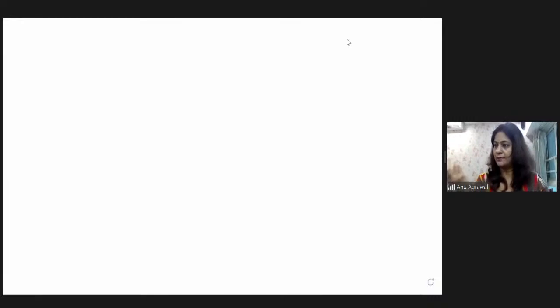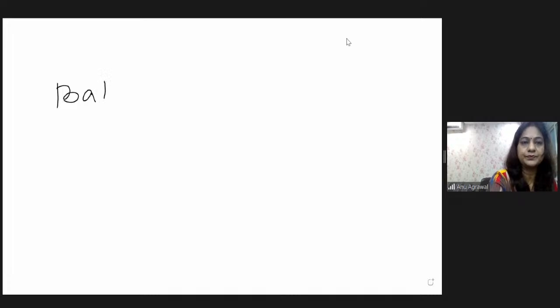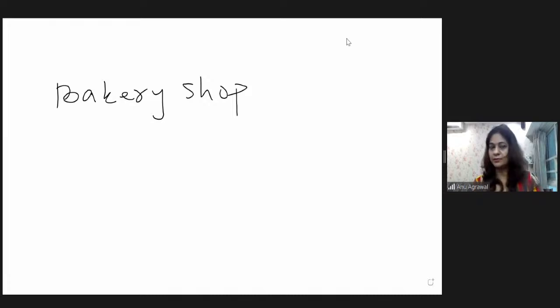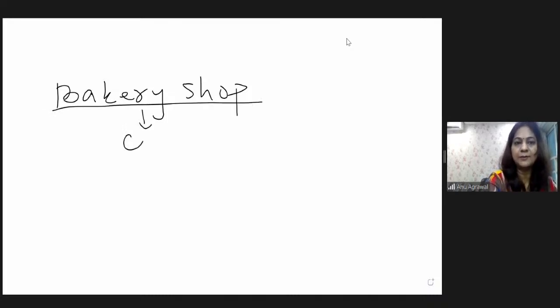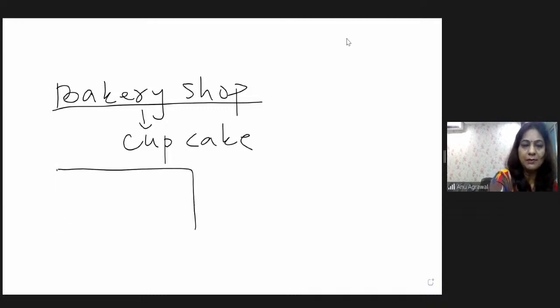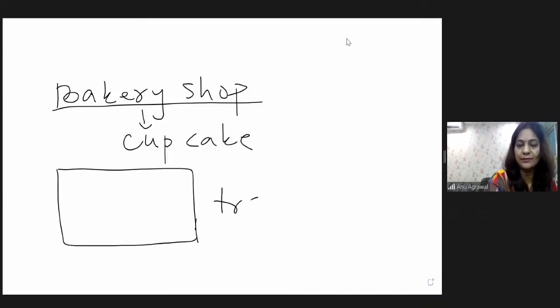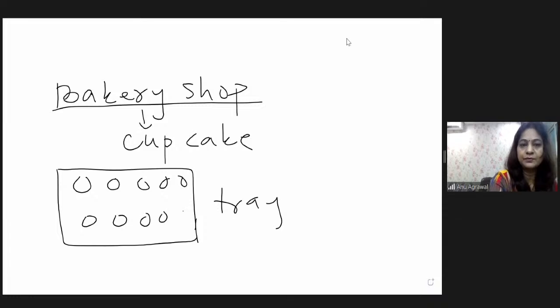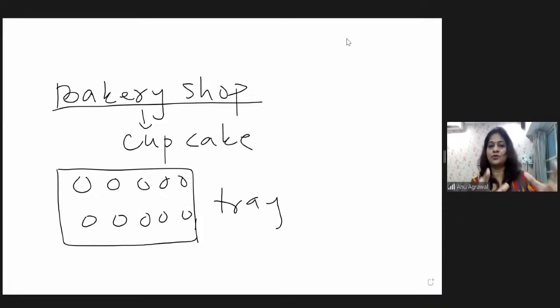Okay. Let me take up an example. Let me say I'm a bakery shop. Rahul, please try to understand. Now, let's say I am making cupcakes. In one tray, I can make 5 cupcakes together.